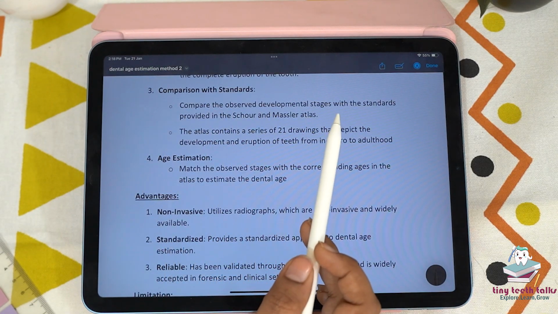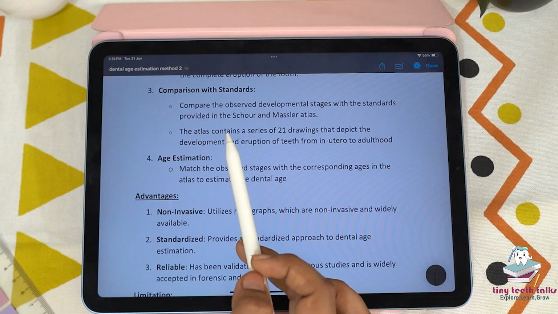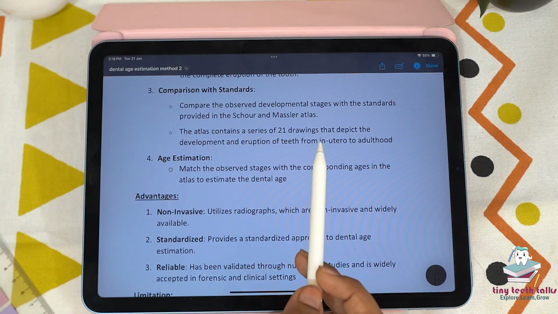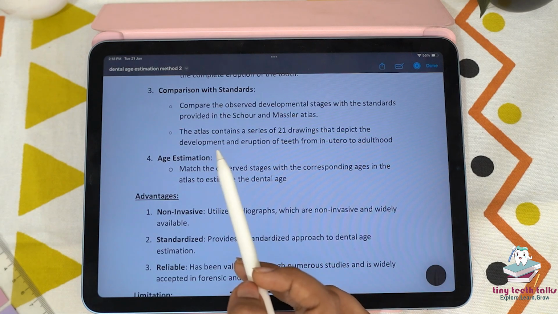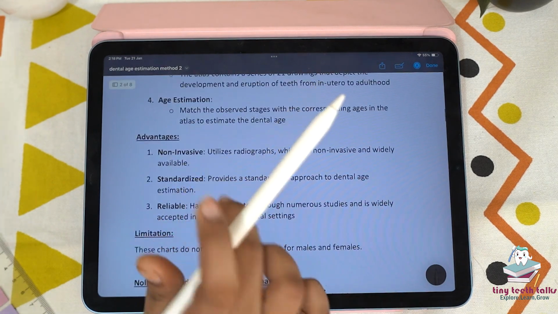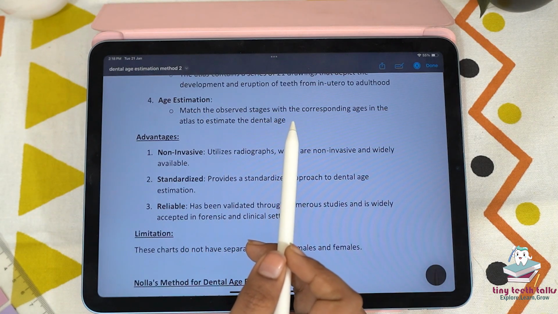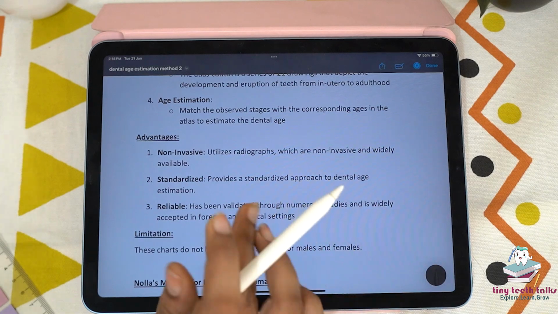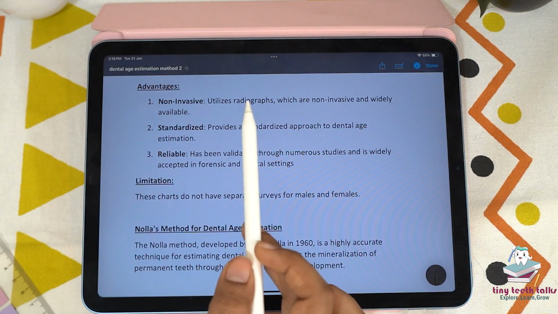Compare the observed developmental stage with the standard provided in the Schour and Massler Atlas, and the Atlas contains a series of 21 drawings that depict the development and eruption of the teeth from in utero to adulthood. And the fourth step is to match the observed stages with the corresponding ages in the Atlas to estimate the dental age.